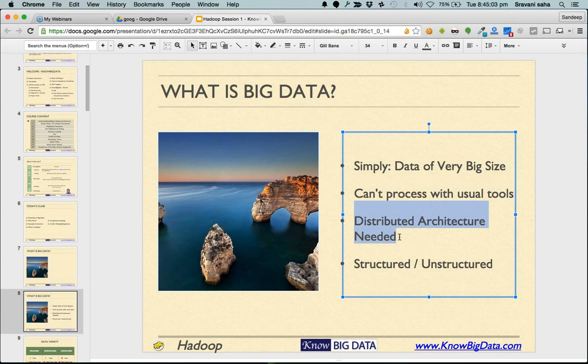For storing such data, or handling a fast stream coming in at this size, we have to go with distributed architecture. And what does distributed architecture mean? Getting something done using multiple computers.